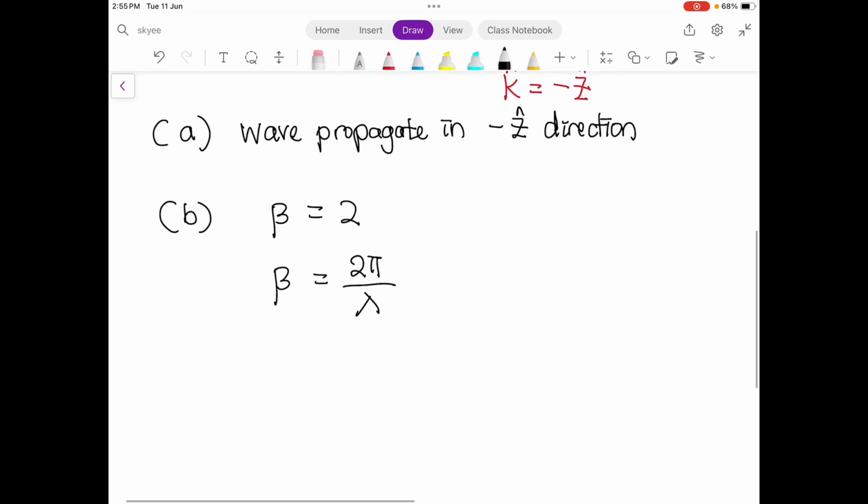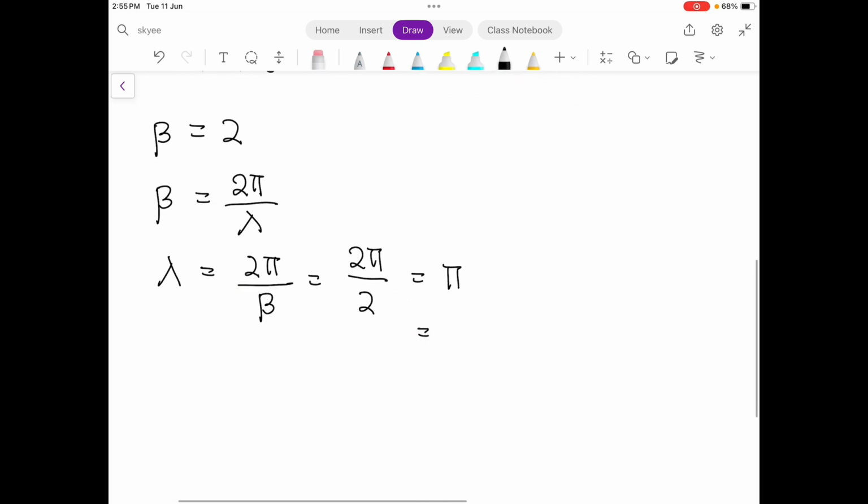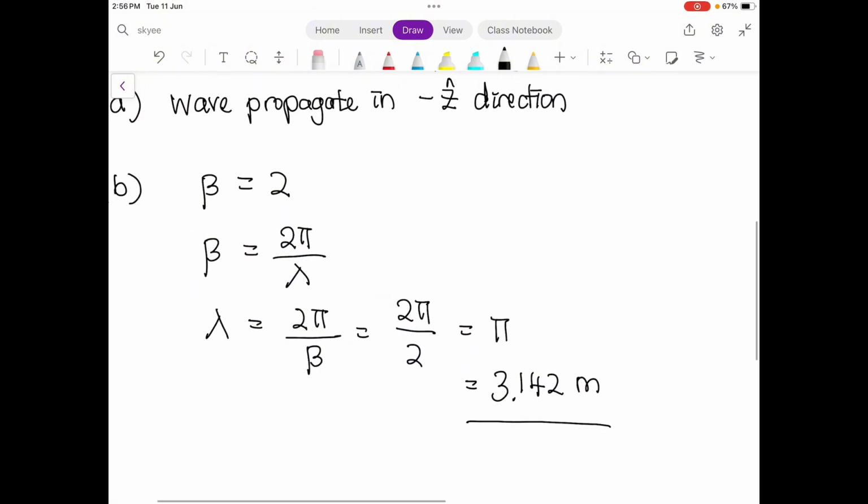So to find lambda, take 2 pi and divide by beta. In this case, 2 pi divided by 2, where beta is given by the question, gives pi, or 3.142 meters. So this is lambda.